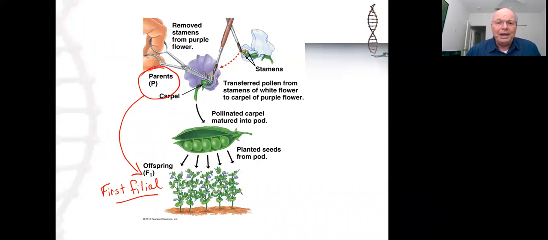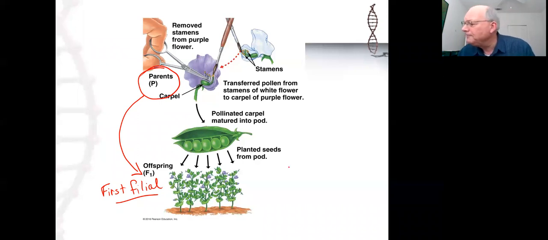Mendel realized that if you stopped with the first generation, you could make some conclusions. But what he also realized was that if he really wanted to understand what was going on here, he really needed to go one step further.